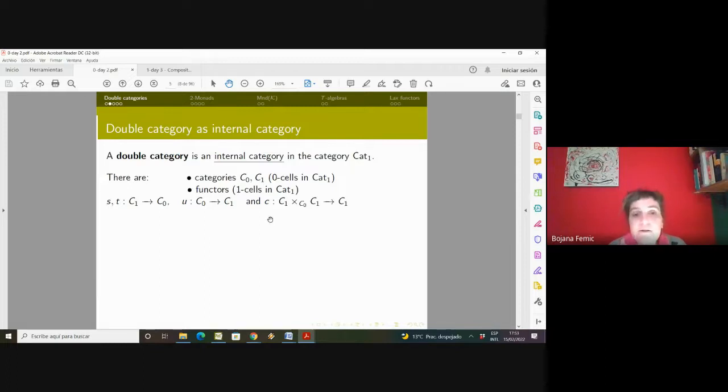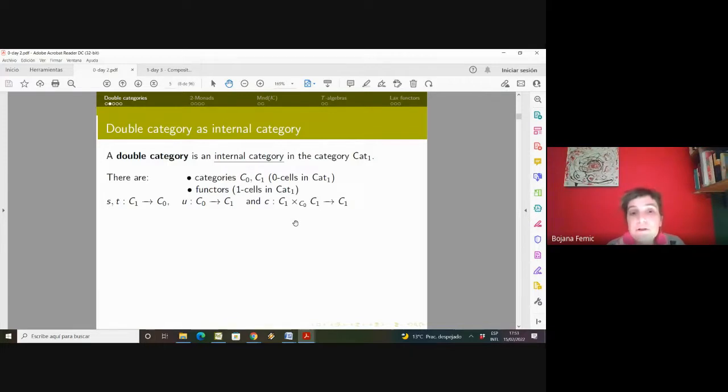And lastly, there is the 4th functor, C for composition, which goes from the pullback of C1 with C1 over C0 into C1. The category of categories has pullbacks, so that is why I didn't say anything at the beginning.